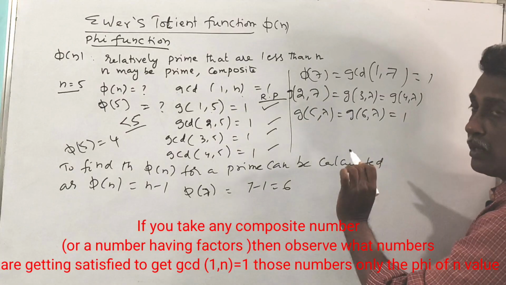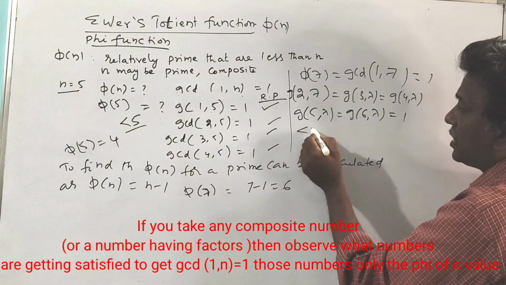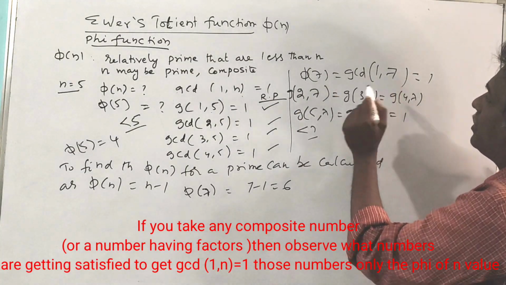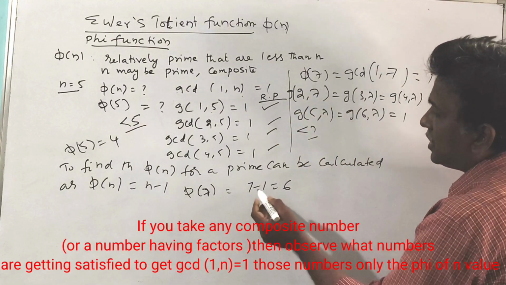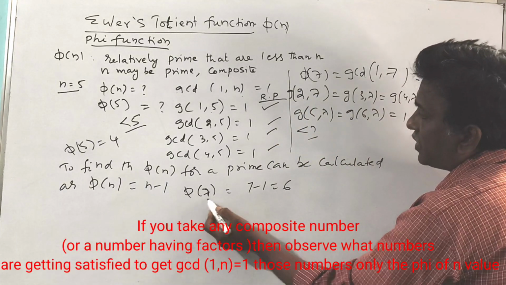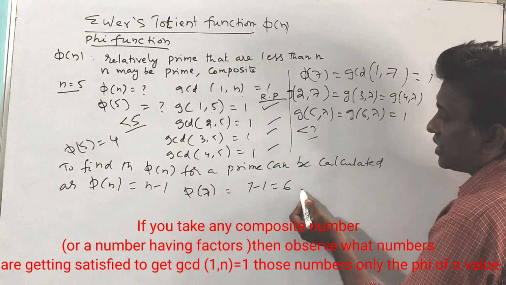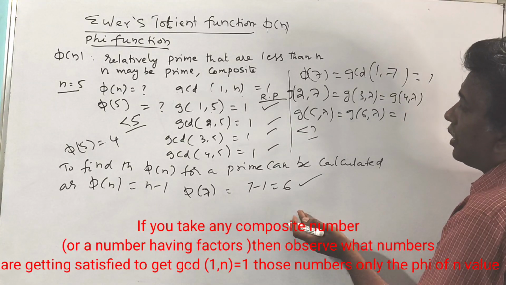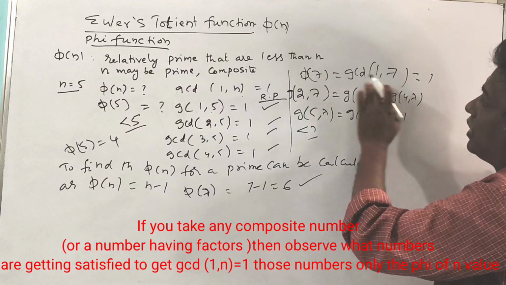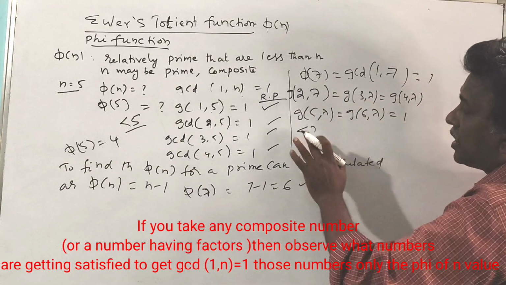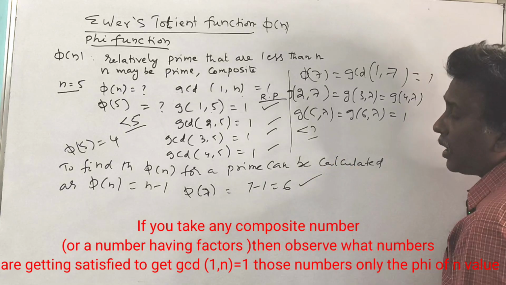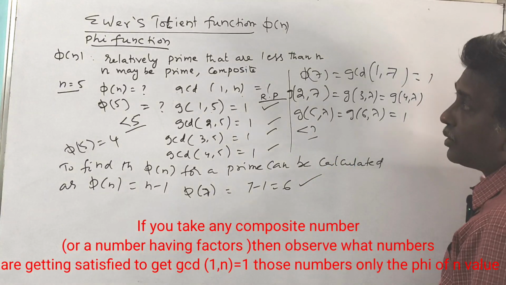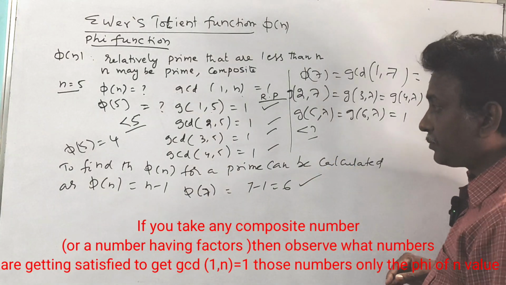All are 1 below 7, less than 7. How many are there? 1, 2, 3, 4, 5, 6. So phi of 7 is 6, which is 7 minus 1. Directly I can get the answer. If I check the individual GCDs for every number below 7 with 7, I get the same answer. So this is one scenario.